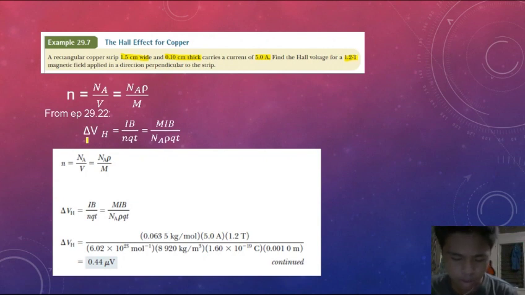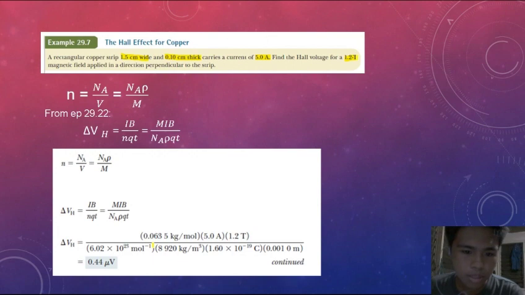And the Hall voltage from equation 29.22 is equal to IB over nqt. So substituting n, we will have the final equation of M IB over NA rho qt.